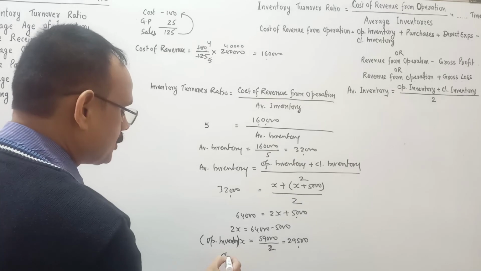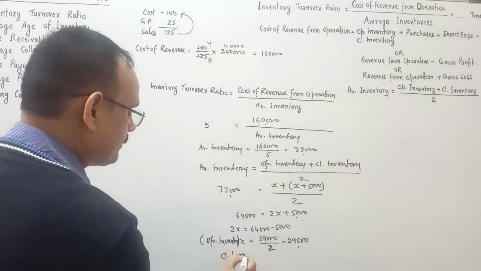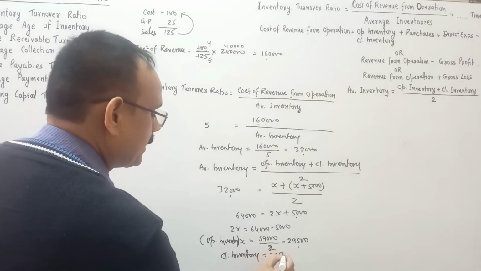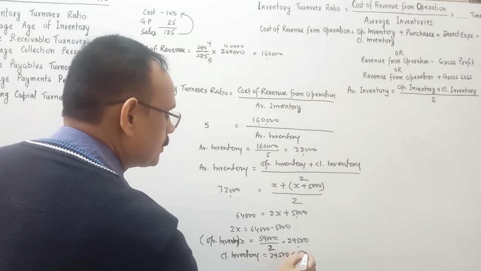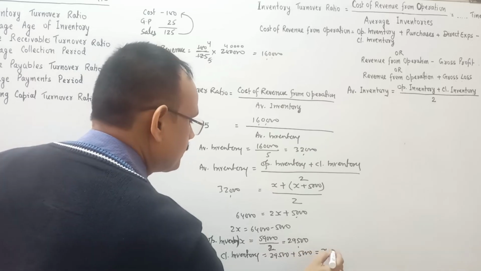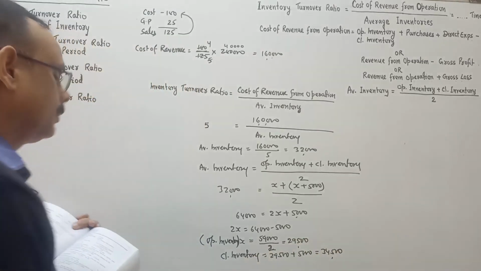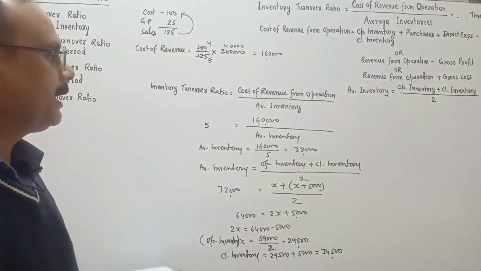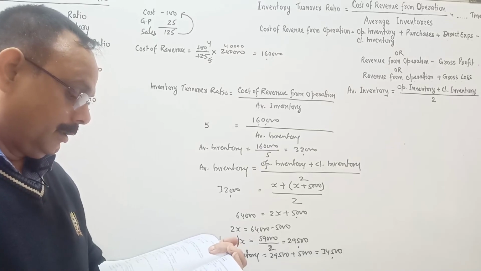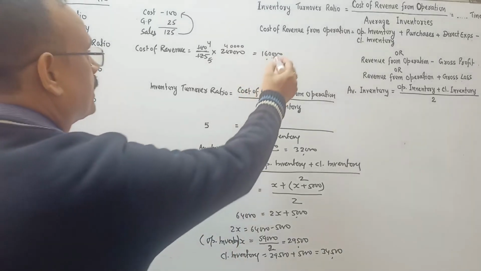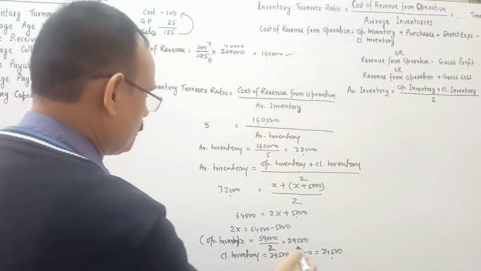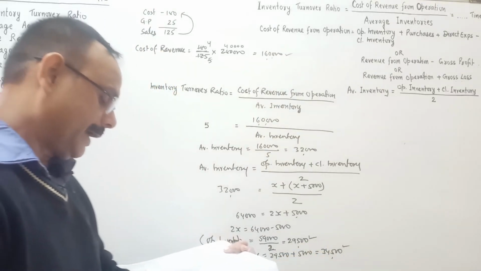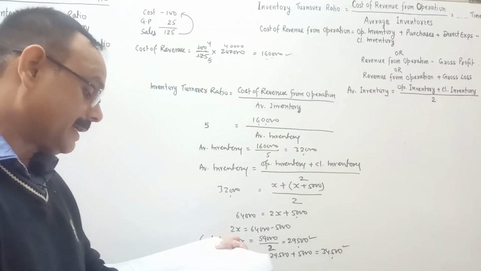So closing inventory is how much? Closing inventory is 5,000 more than opening inventory. So 29,500 plus 5,000, it is 34,500 is the closing inventory. Okay. So we have found out the opening inventory and closing inventory. Cost of revenue we have calculated as 1,60,000. Now we have to calculate the quick assets and current assets.